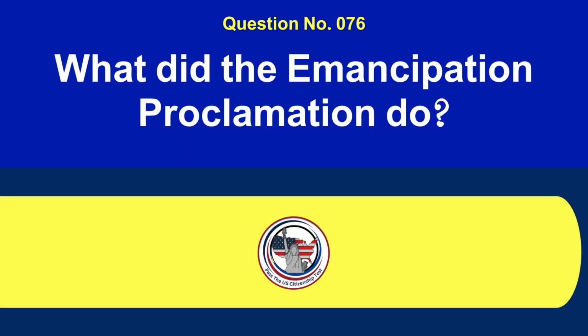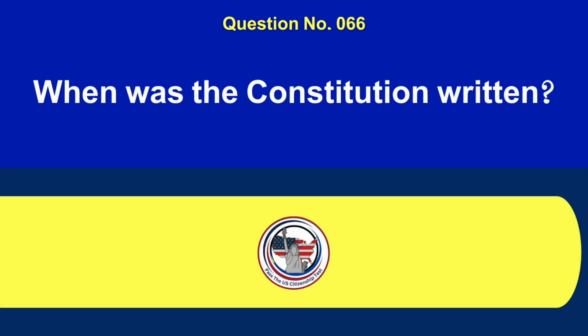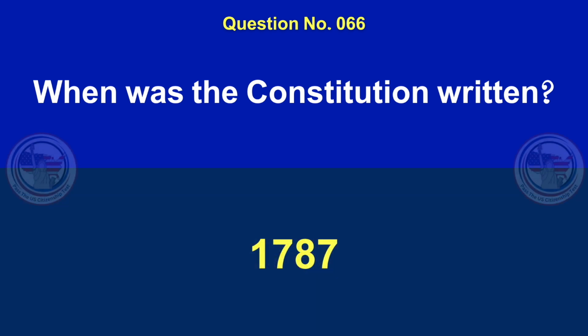What did the Emancipation Proclamation do? Freed the slaves. When was the Constitution written? (1787).